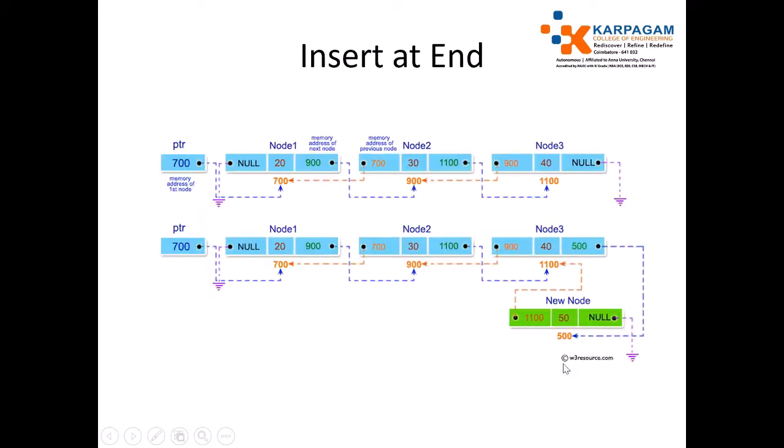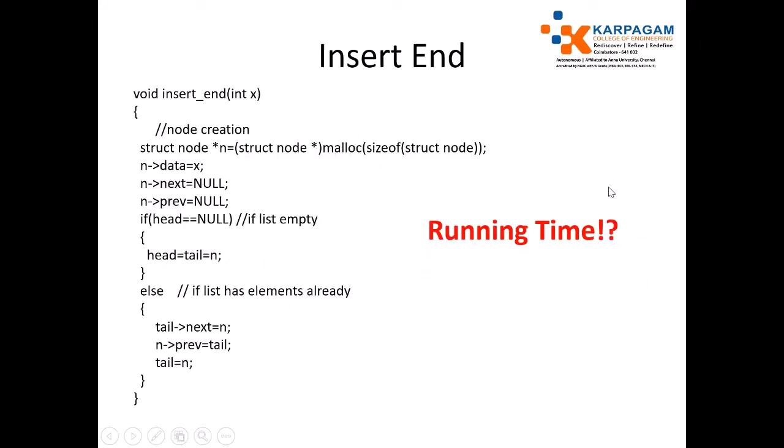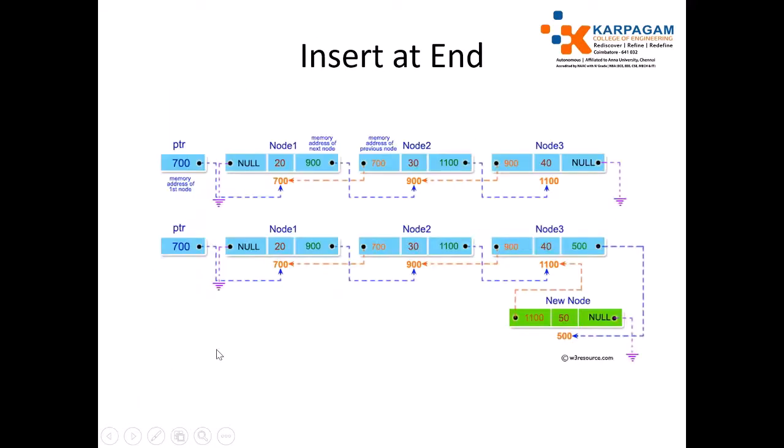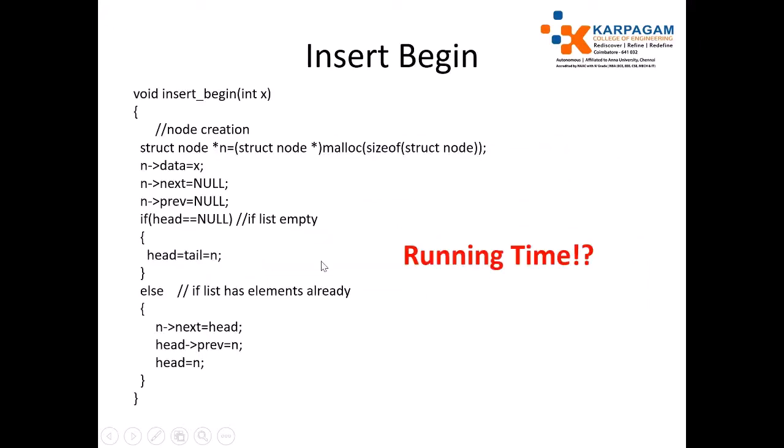Then new node of previous equal to null only. Initially new node of previous equal to null only. You have to set new node of previous equal to tail. See here, we have set new node of previous equal to tail. New node of previous is already null, because whenever I create the new node, I just set new node of previous equal to null.